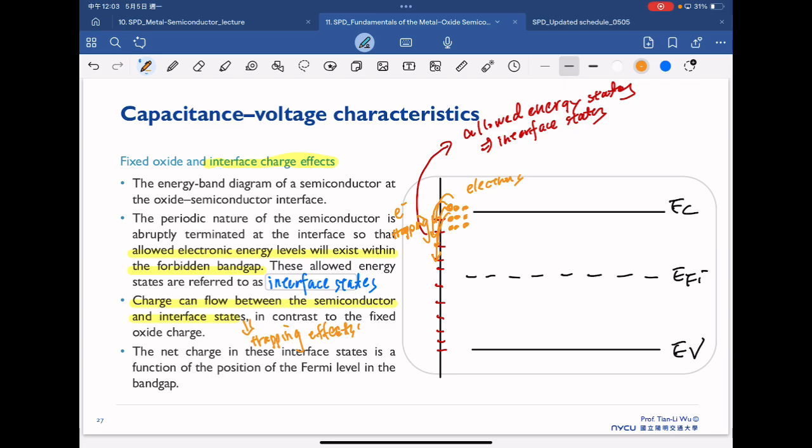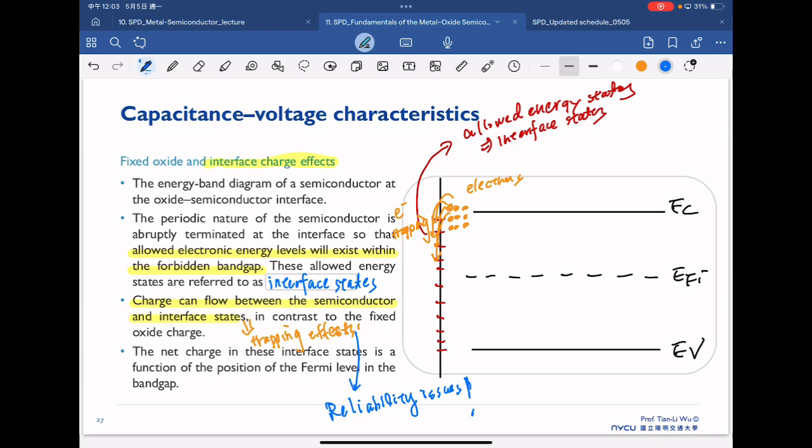So this will cause a series of reliability issues. That's very important, but here we won't talk too much about reliability. In my other course related to reliability, we will have a whole dedicated semester to discuss all kinds of reliability challenges in semiconductor devices.